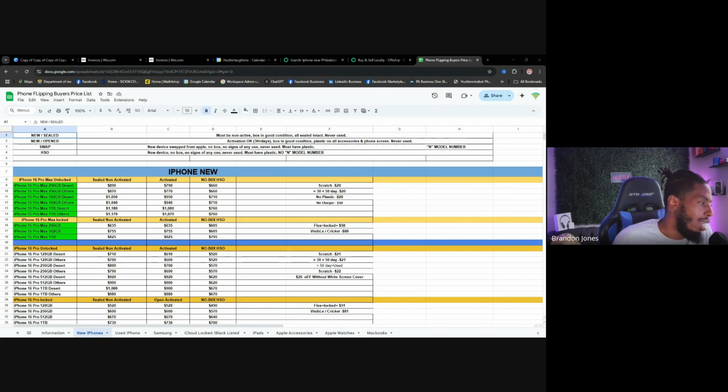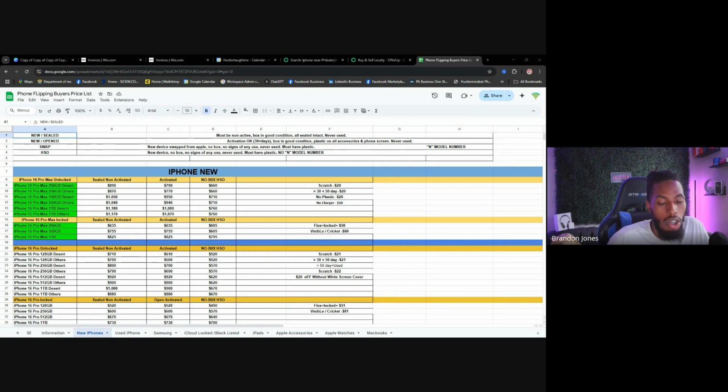Right now we have an iPhone 16 Pro Max 256 sealed, non-activated, at $890. That $890 would be the starting price. You would say, hey, I have this iPhone 16 Pro Max 256, the IMEI is blah blah blah, it is sealed, non-activated, and you email it to us.